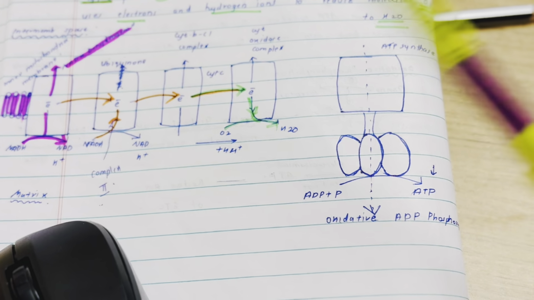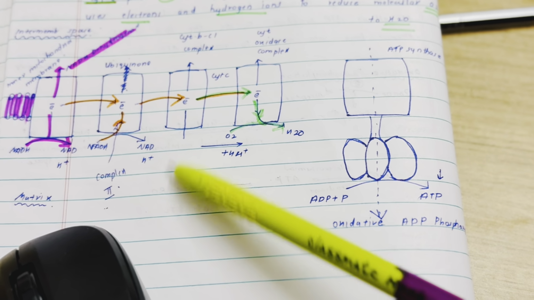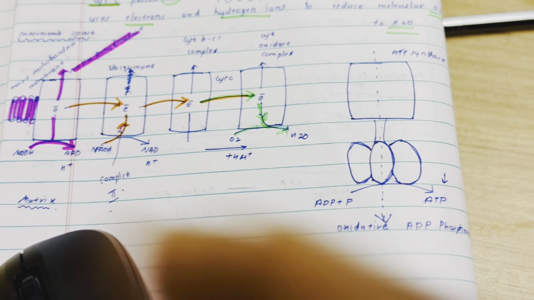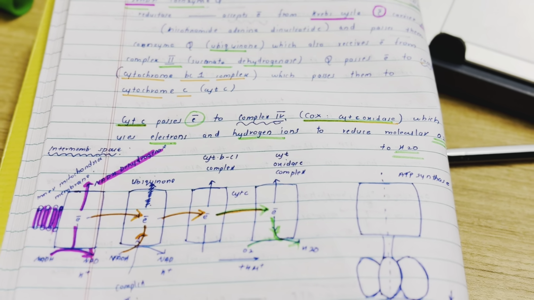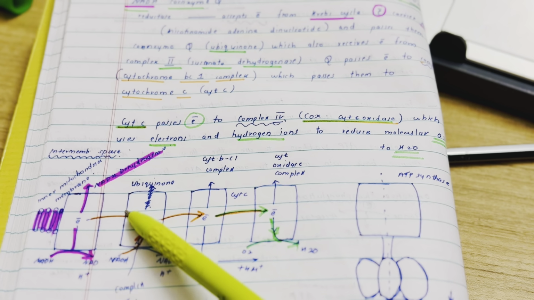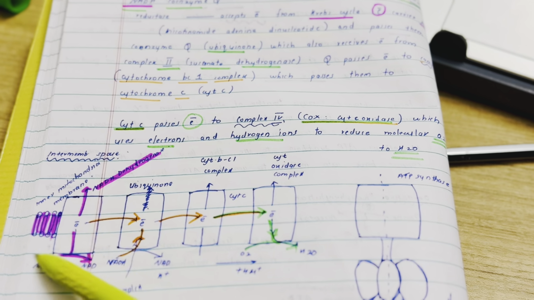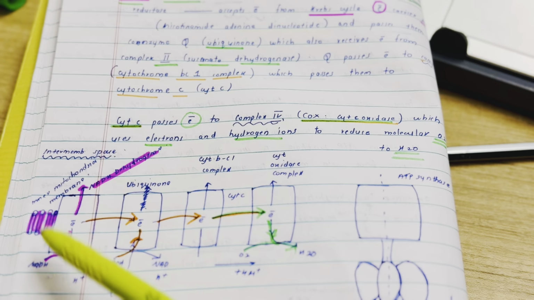Complex 1 is NADH coenzyme Q reductase, and complex 2 is succinate dehydrogenase. These two will pass electrons to ubiquinone. Ubiquinone is nothing but coenzyme Q.